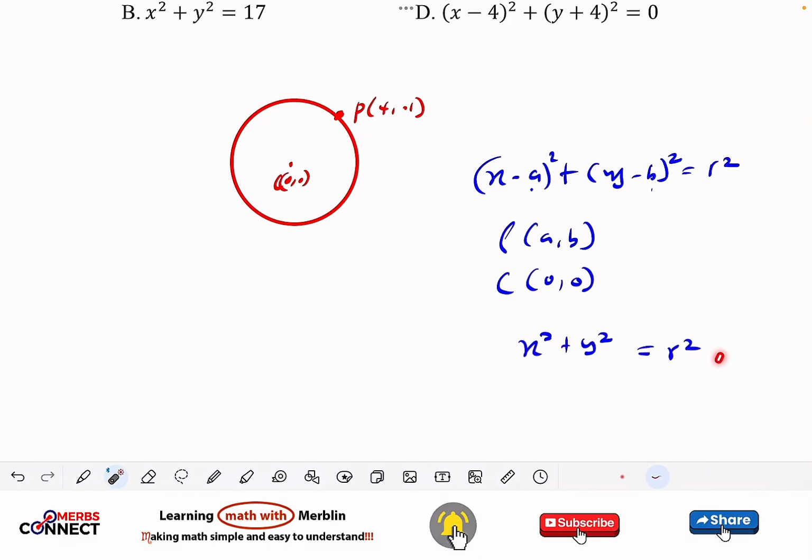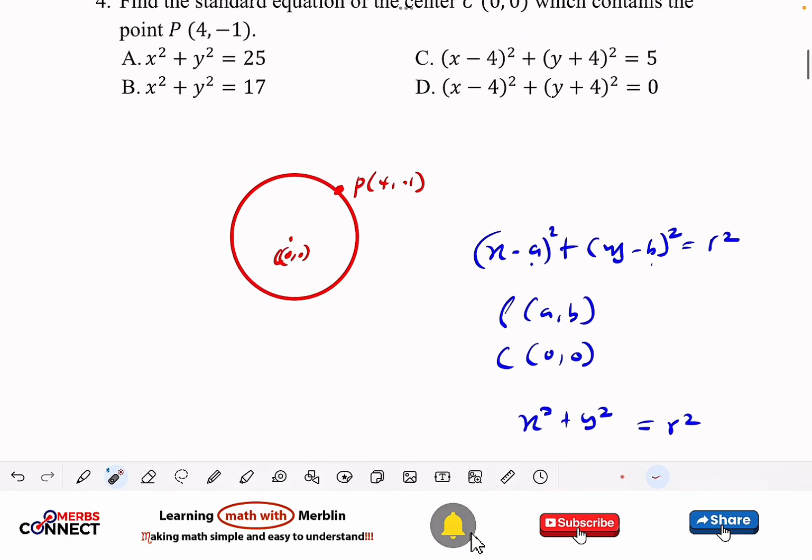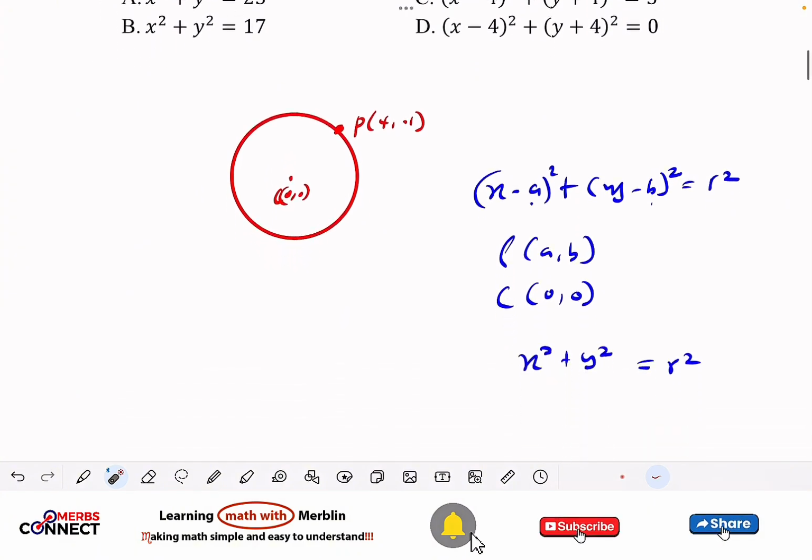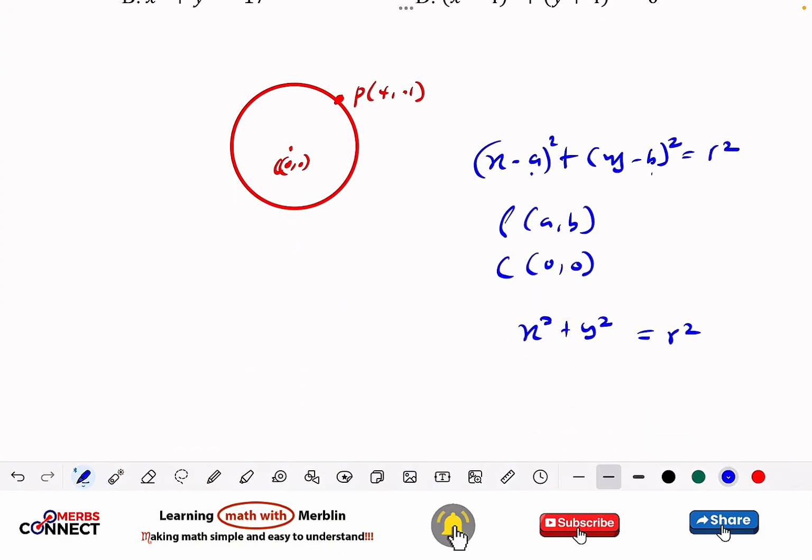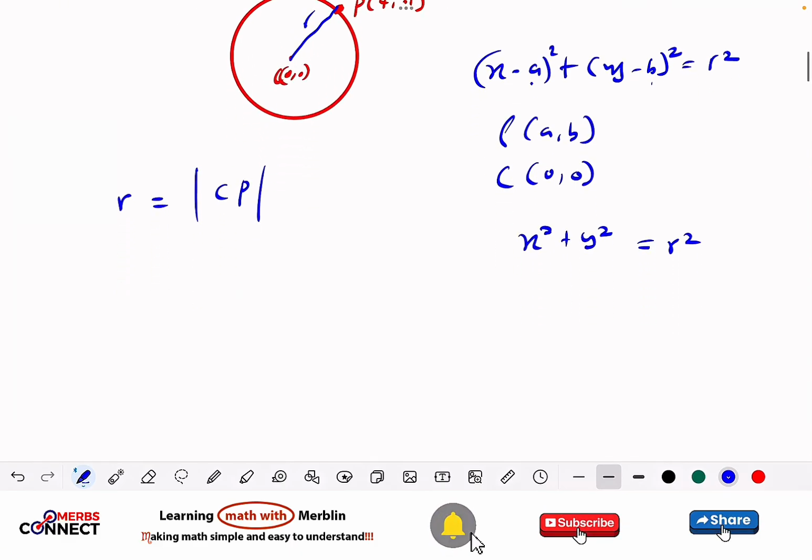So all we just need here is to find r, which is our radius. Let's do that. For us to get the radius, we need to connect this. We need to find the distance between this, and then we get our radius. So the radius is equal to the magnitude of CP, which is the distance.